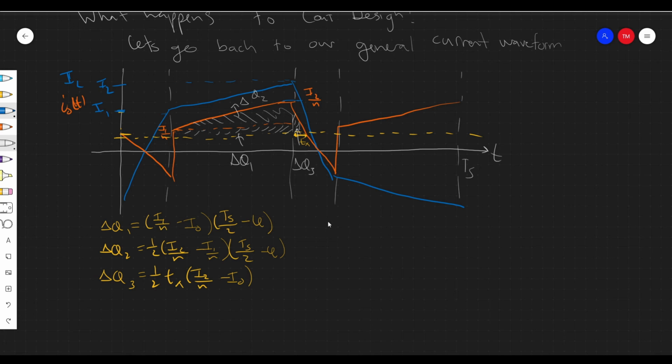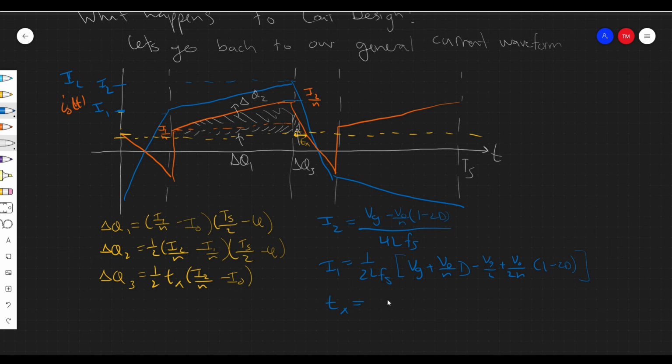And I'll just give it to you because deriving it is going to take some time. So first of all, I2 is equal to Vg minus Vout over N times 1 minus 2d, all over 4L Fs. I1 is equal to 1 over 2L Fs times Vg plus Vout over N times d minus Vg over 2 plus Vout over 2N times 1 minus 2d.